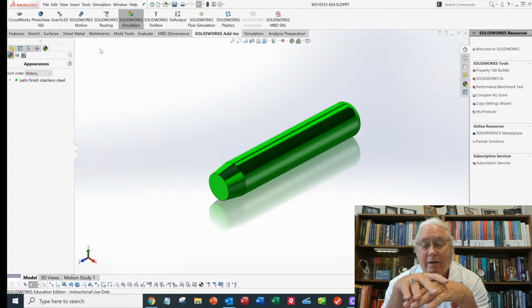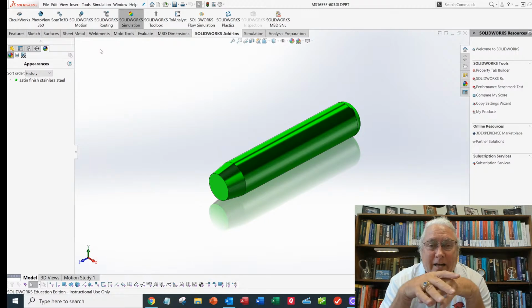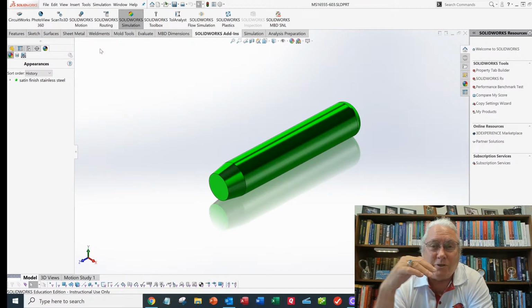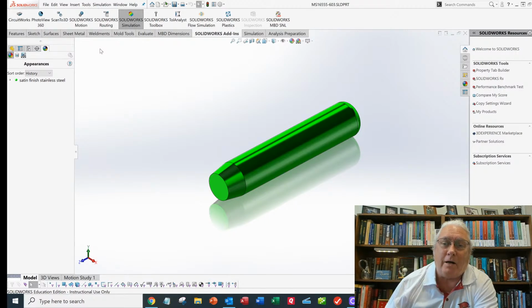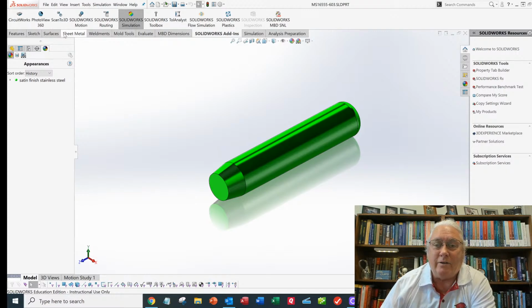You can define that stack-up, so it's much more complicated to define the material, but once you define it, you can run this different module, and it's got a different set of equations, because the regular structural analysis tool just assumes isotropic material, so the strength's the same in all directions. And if you've got a composite material, you've got to take that into account.